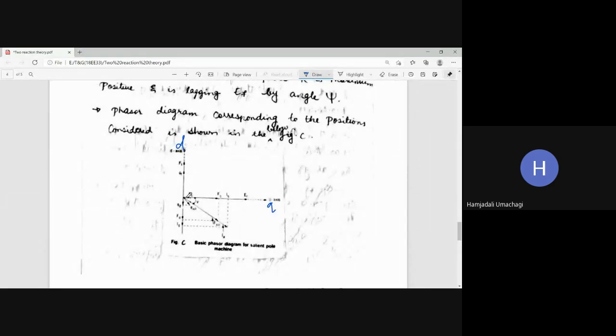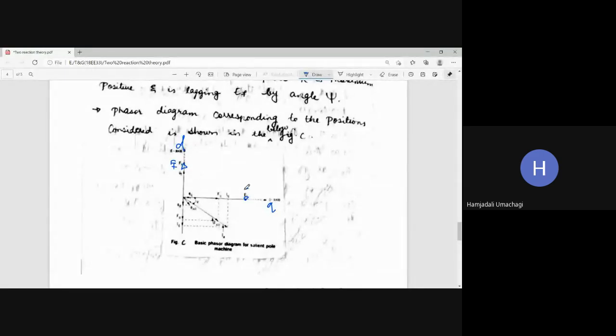Here along direct axis we are showing FF. So this is field MMF, FF, and because of this FF we are getting EF, the induced excitation voltage because of the field MMF, and that EF is lagging FF by exactly 90 degrees.